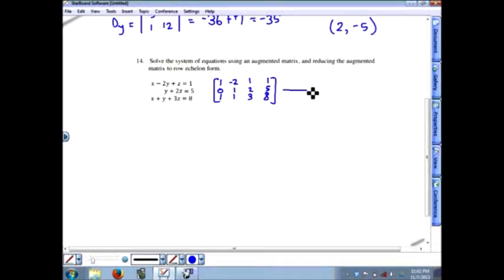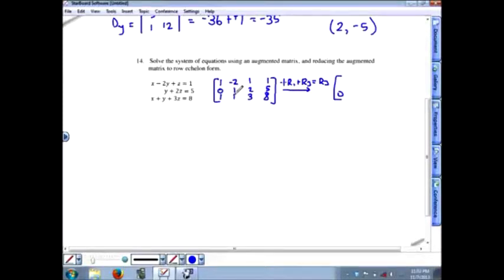So we need to describe a row operation that's going to take this 1 right here and reduce it to 0. So if we multiplied row 1 by negative 1, added it to row 3, and have that equal row 3. Negative 1 times row 1 is negative 1, plus 1 is 0.